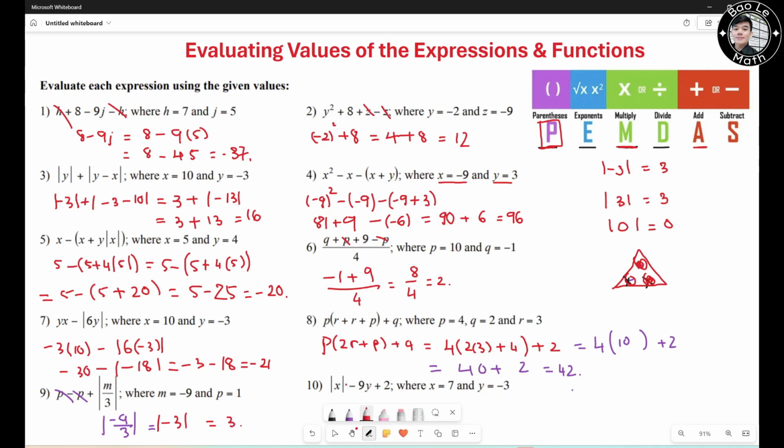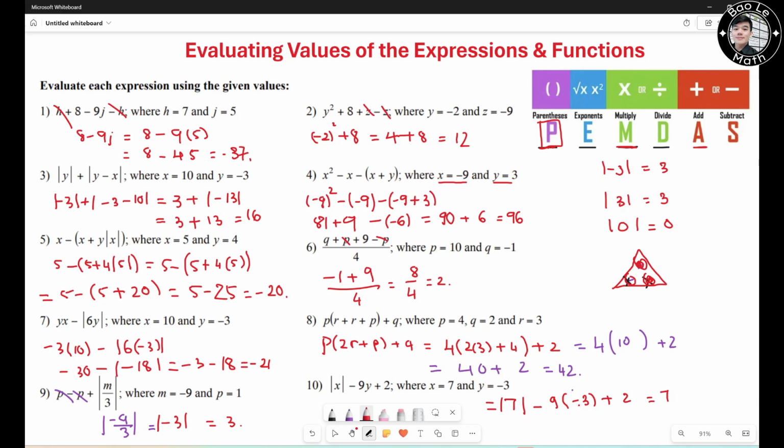Now, the last one. Absolute value of x minus 9y plus 2, where x equals 7 and y equals negative 3, right? So we substitute absolute value of 7 minus 9 times negative 3 plus 2, right? Absolute value of 7 equals 7.